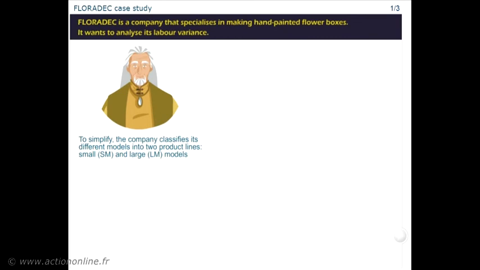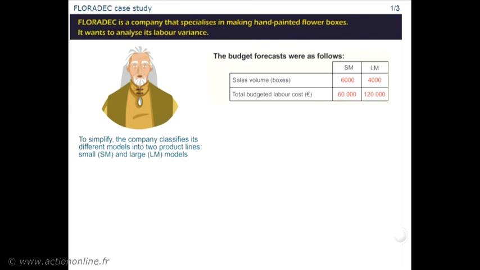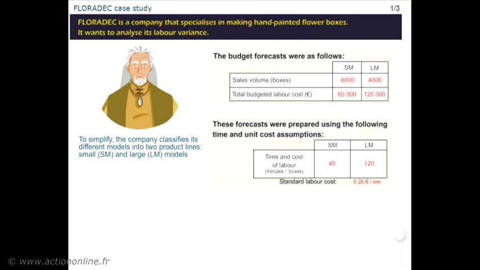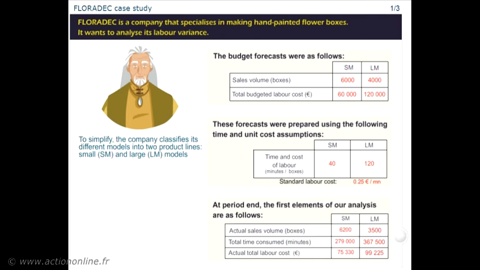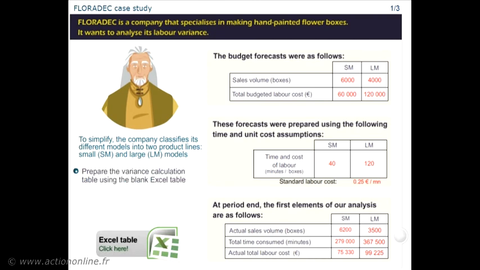You have access to the budget forecasts, the assumptions used to prepare these forecasts, and an initial period end analysis. You can use the attached blank Excel table. You are required to prepare the variance calculation table. On the next screen, we will check whether you are on the right track and you can download the answer.